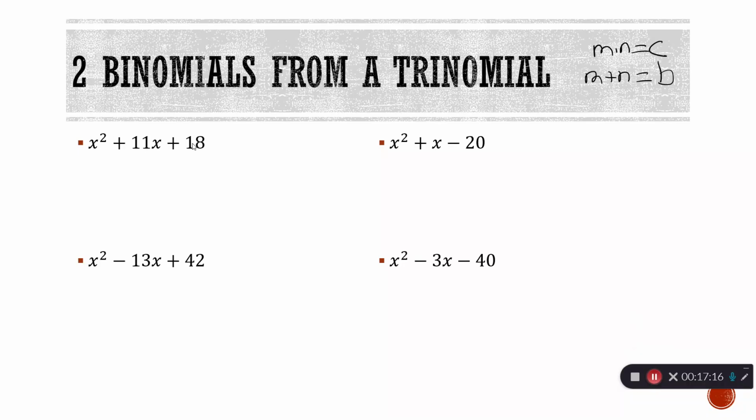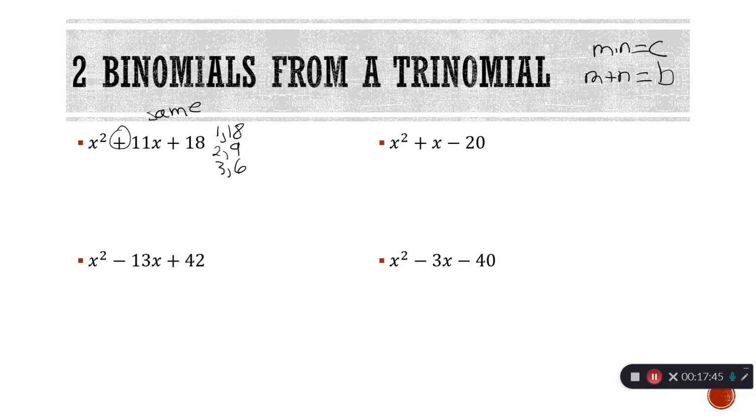So let's look here. We have 18. What numbers multiply to 18? 1 and 18, 2 and 9, 3 and 6. Also, I have a positive 18, so the signs are the same, and it's positive, so we have two positive numbers here.